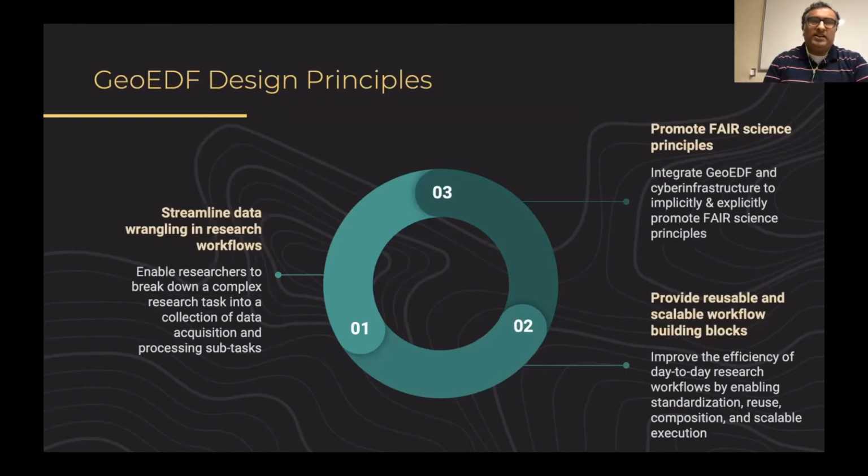Once you've identified these steps, our next goal is to build these abstract but reusable building blocks that can achieve these individual pieces, so individual data access or processing operations. And once you've got those reusable building blocks, then connect them to cyberinfrastructure frameworks that you already have, so that you can promote FAIR science principles by letting your workflow run completely in a CI or a science gateway environment.